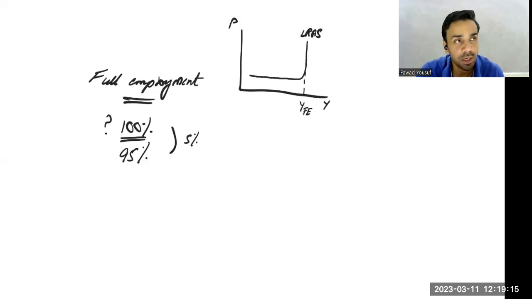It's actually called NAIRU, the non-accelerating inflation rate of unemployment, but I think that is more of an A2 concept. But at least from a full employment point of view, just remember that there is always an X percentage of unemployment, and that unemployment always exists. It's not that you can eliminate it.